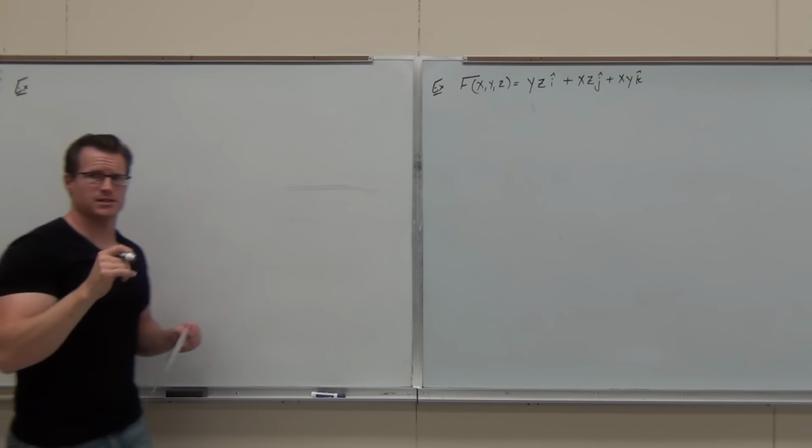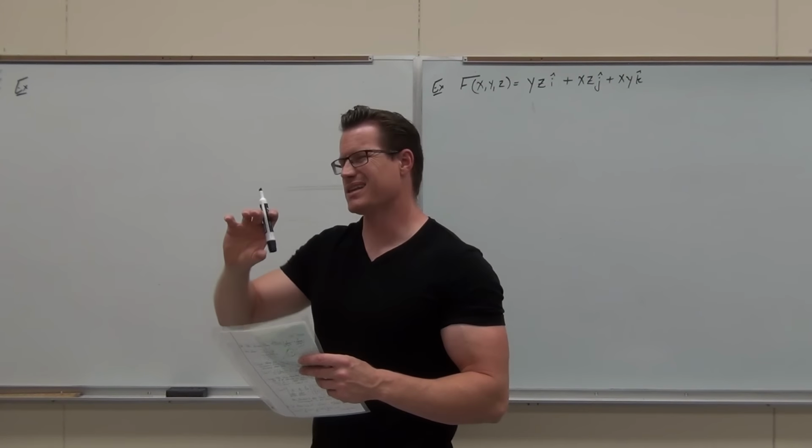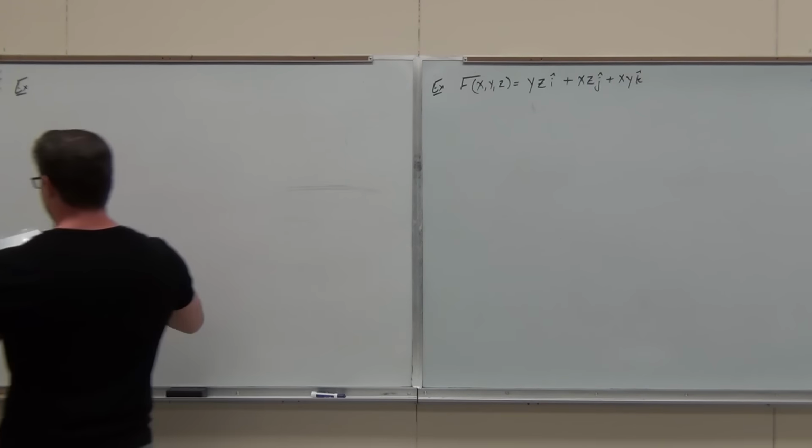If you get done really fast, if you're a quick worker, try the next one. We're going to work through it together. But if you want just a slightly different take on the problem, try this.